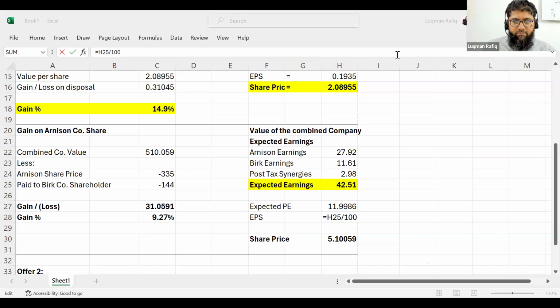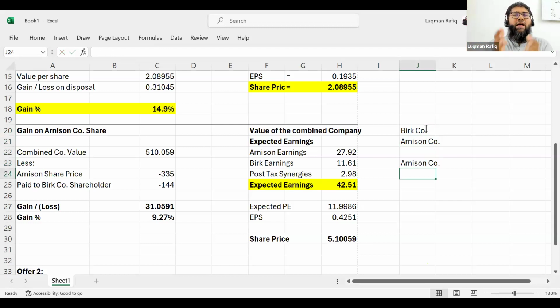This is Burke company, right? I acquired 100% shares of Burke company. Now Burke company and this Arneson company get converted into Arneson company only, because I acquired all the shares. They become my shares.